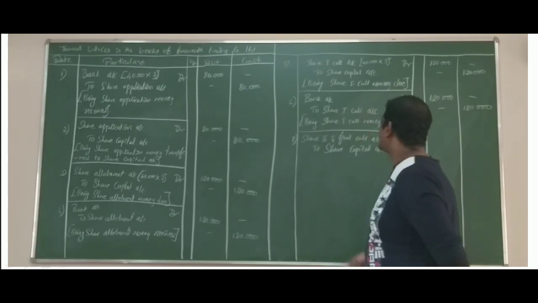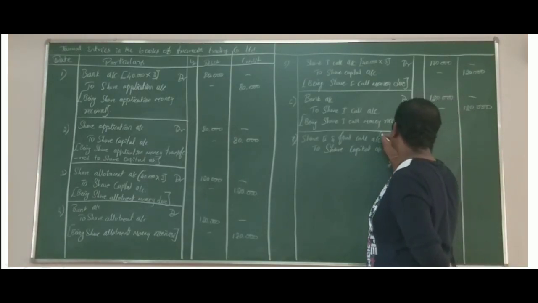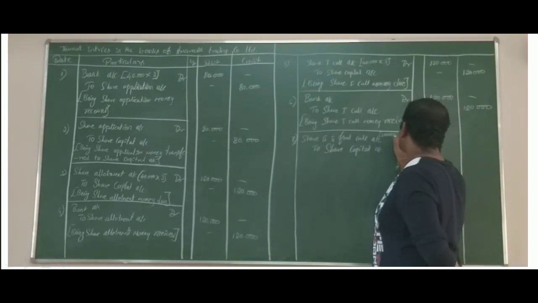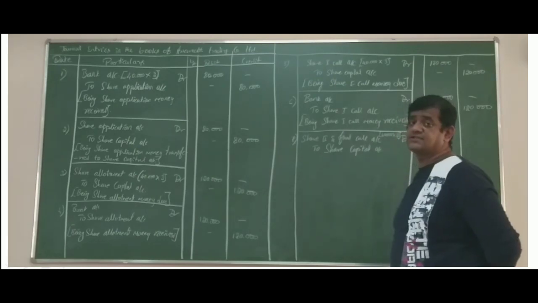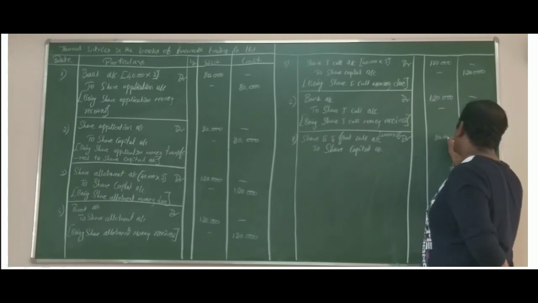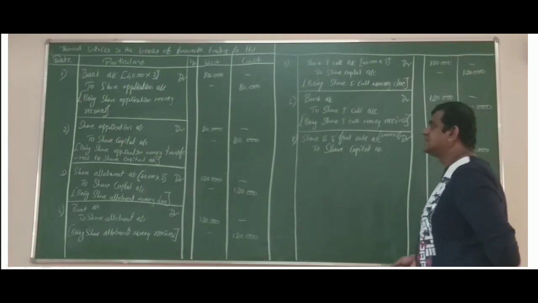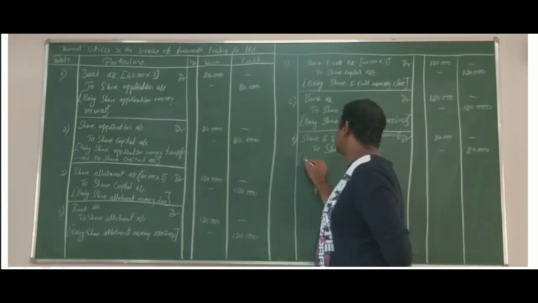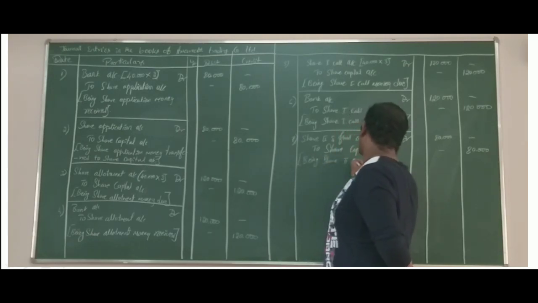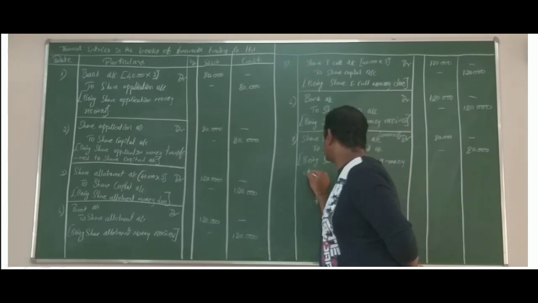What is the number of shares issued? 40,000 into rupees 2, that is rupees 2 for the second and final call. So 40,000 into 2 is 80,000 and 80,000. So the narration is being share second and final call money due.